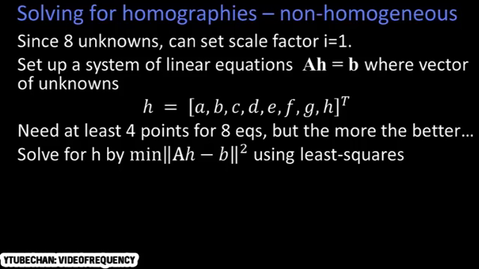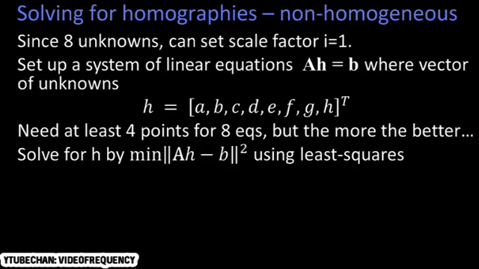So there are 8 unknowns. As long as I have 4 points, I would have 8 equations. Why? Because I get an equation for the x and an equation for the y for each corresponding point.